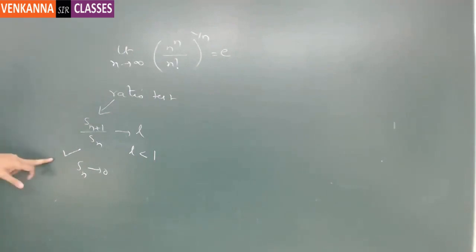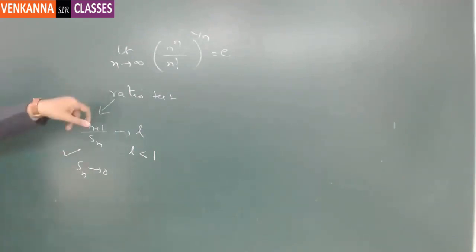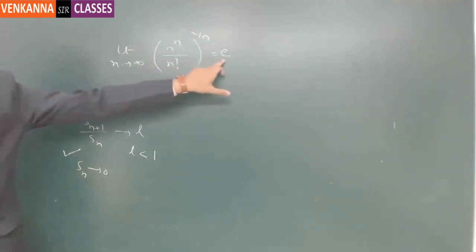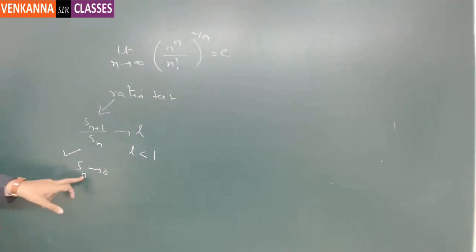This is the statement of the ratio test I have given. Accepted? Here he mentioned that the limit of the sequence is e, not 0. So you cannot use this test here.